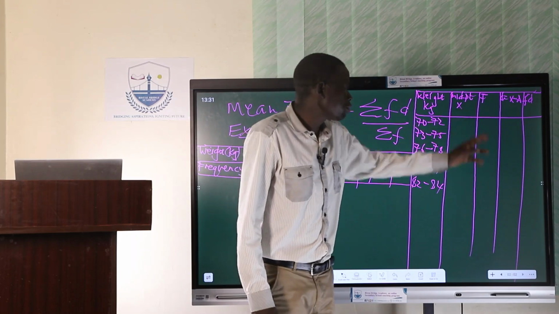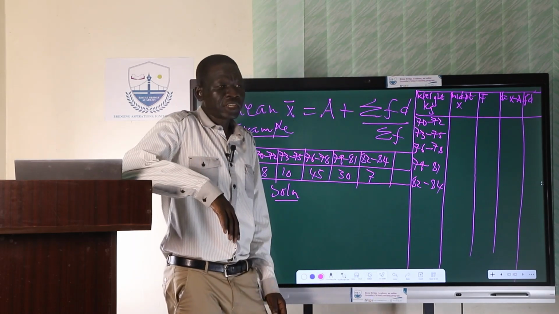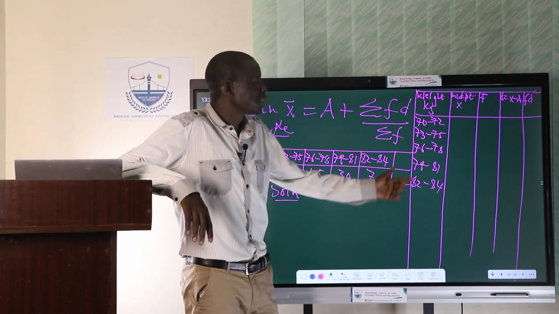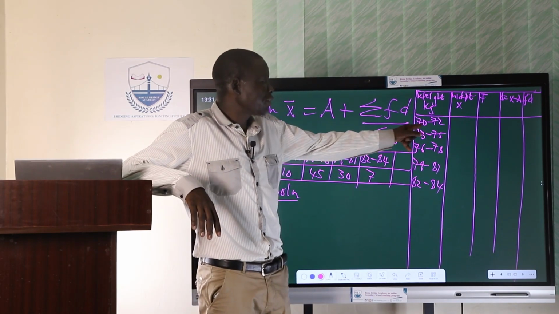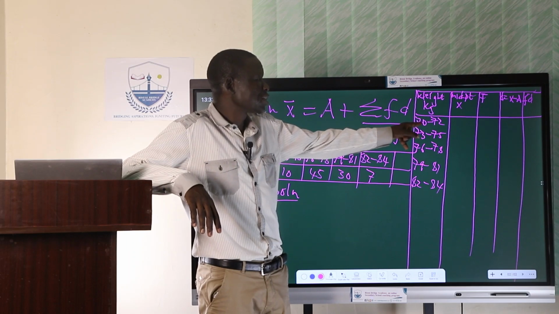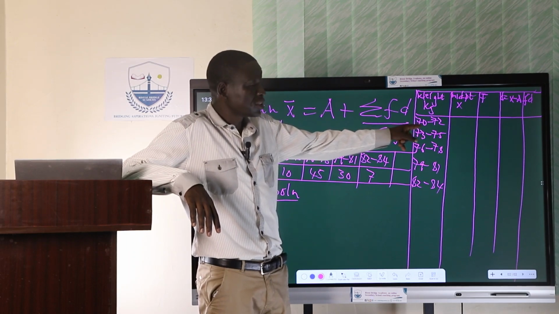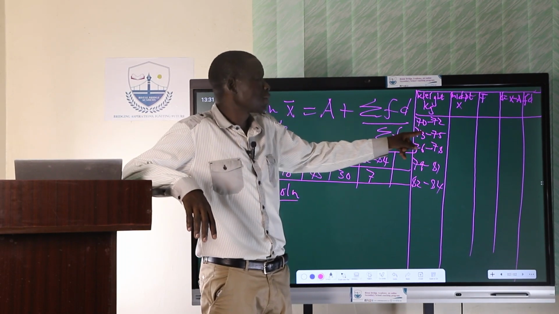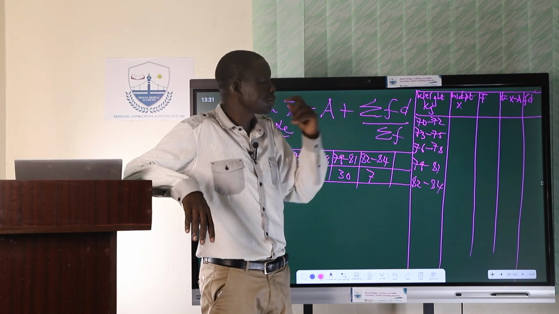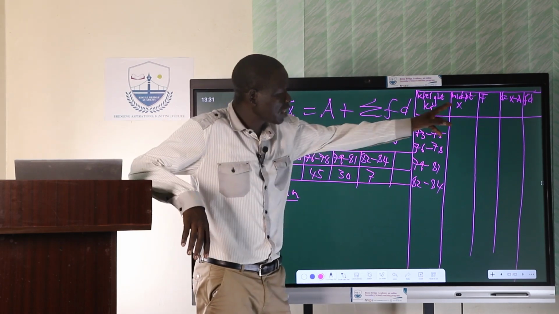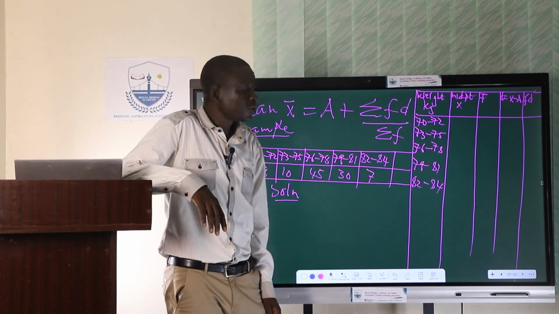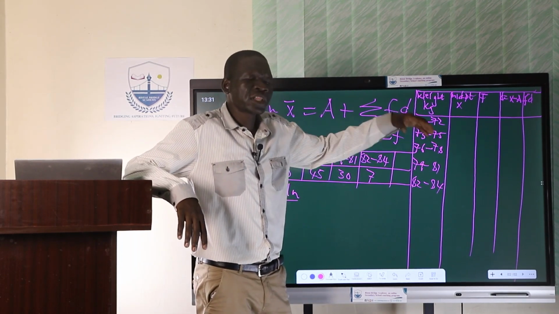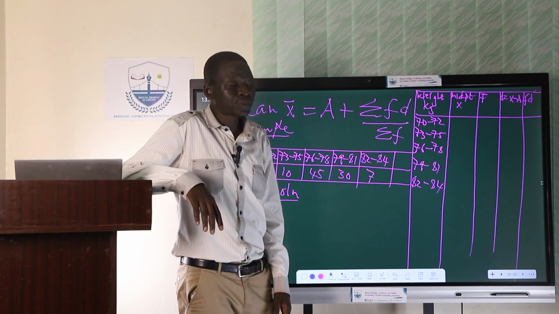Then we get the midpoint. To get the midpoint, we shall consider each of the classes. In each class, the first figure represents the lower class limit, and the other figure represents the upper class limit. When getting the midpoint, we add the lower class limit to the upper class limit, and then divide by 2.